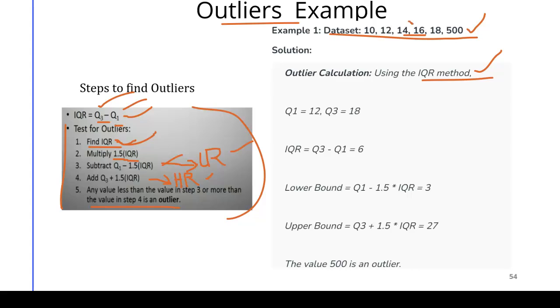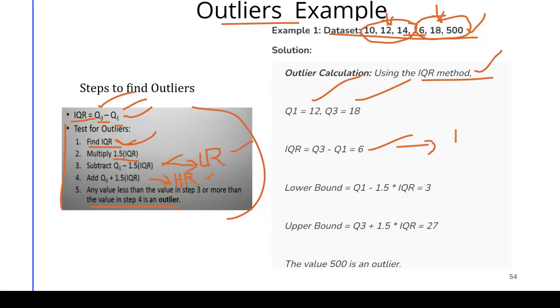We look only for Q1 and Q3, using the first half and the second half. Each half has 3 observations, which is odd, so the middle of the first half is Q1 and the middle of the second half is Q3. Q1 is 12 and Q3 is 18. Now IQR is Q3 minus Q1, which is 18 minus 12, which is 6. So our first step, the IQR, has been completed.